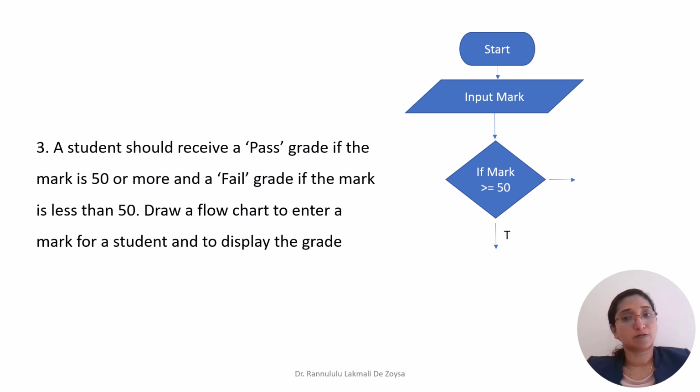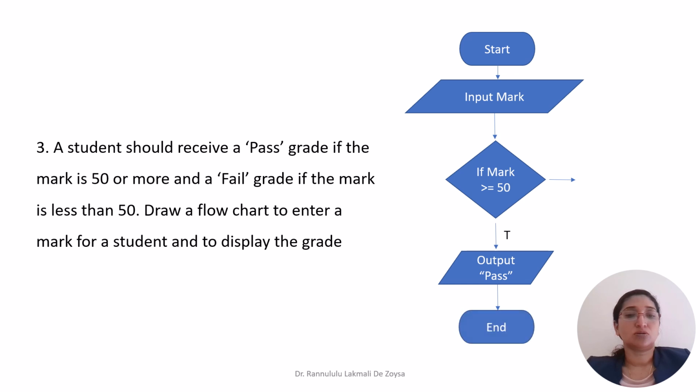So if the condition is true, what should the computer do? It should give you an output. What is the output? Output pass. Do you need to do anything else once you give the output? No. You can end the program.